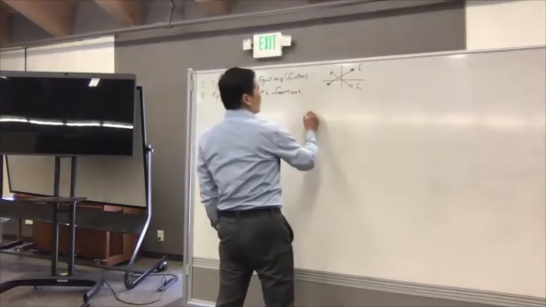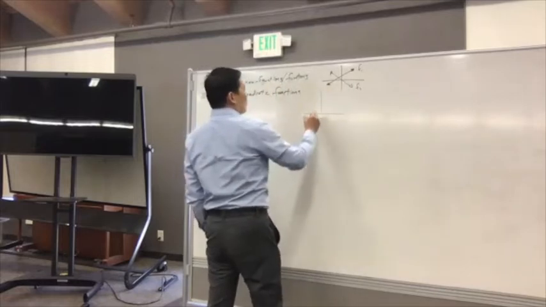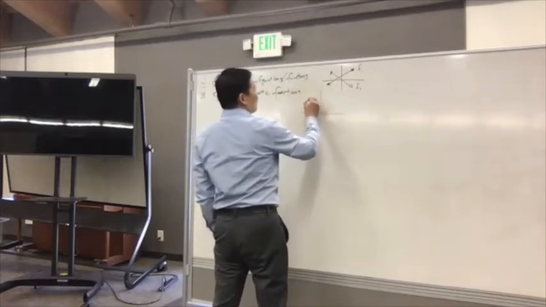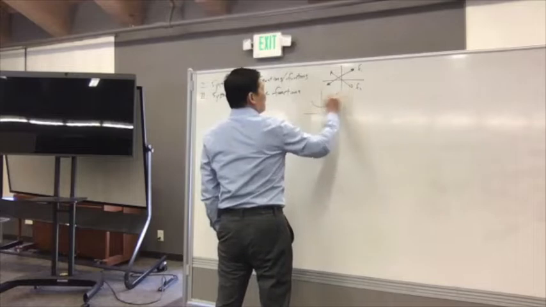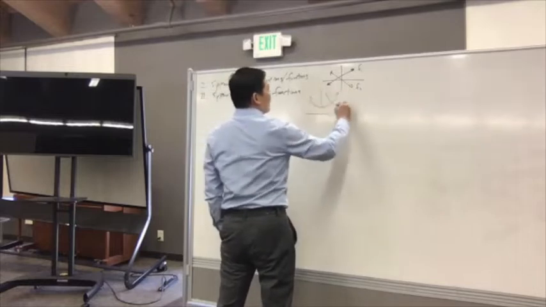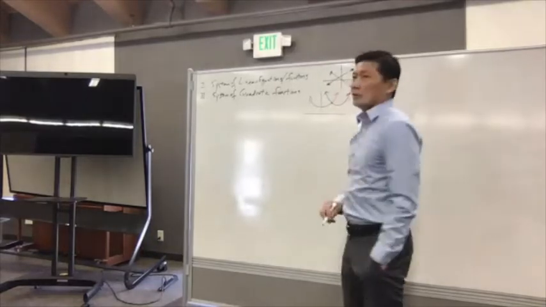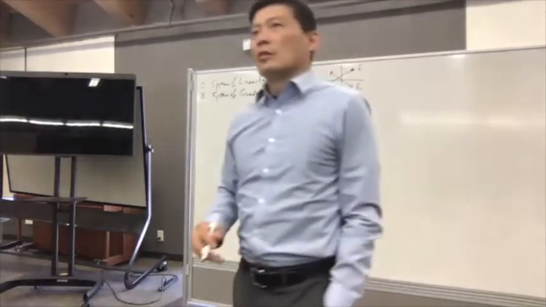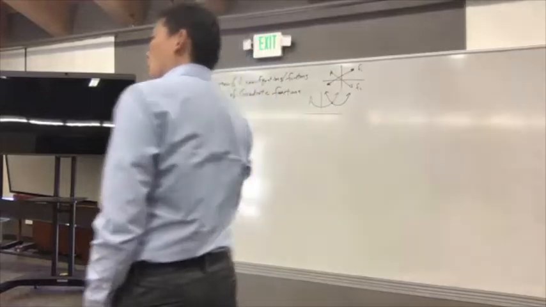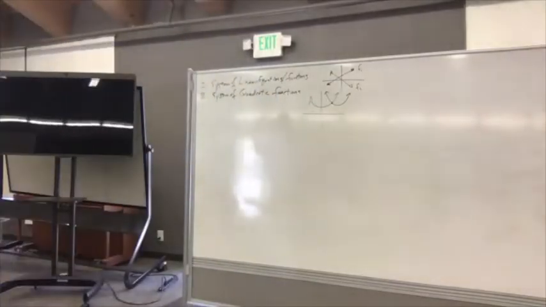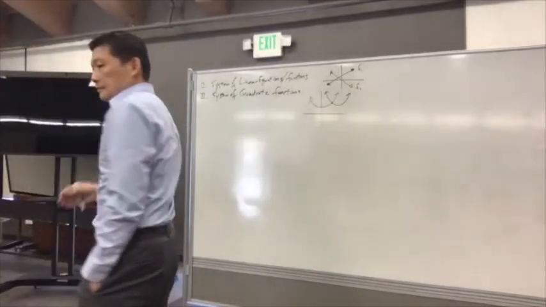A system of quadratic functions could be, say, a graph that looks like this, and then another graph that looks like this, and you're solving for the intercept, right? Those kinds of equations are squared. So one is to the power 1, the second type is squared.